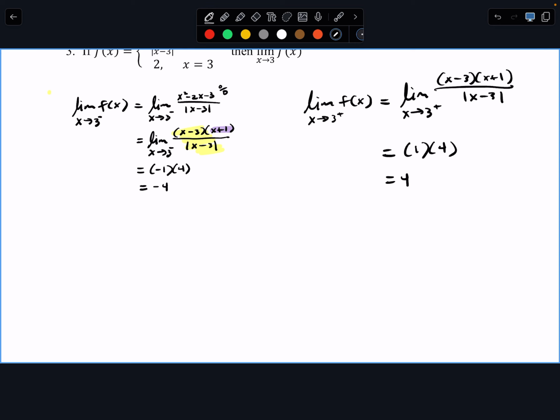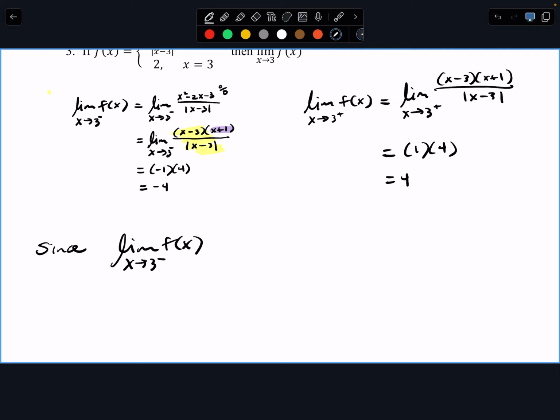Now here's the next part. If a limit was DNE, you had to justify why. So you could say, since the limit as x approaches 3 from the left of f of x, I don't care about the limit of this.